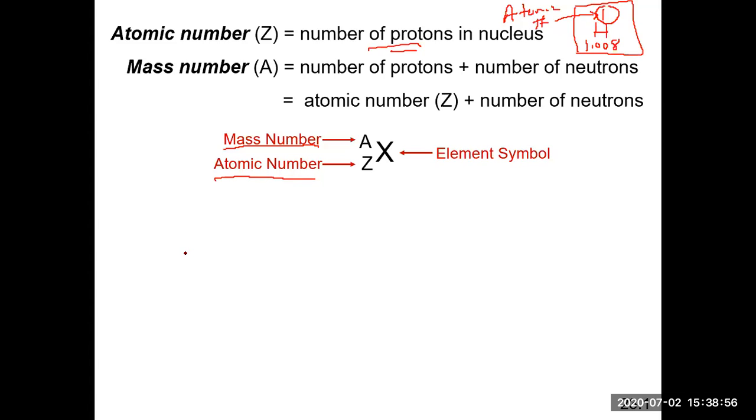Now, the mass number is the number of protons and the number of neutrons that you have in an atom. And if you look on the periodic table and this number that's on the bottom, that is not the mass number. Yes, I'm just going to do that move to illustrate that point. That is not the mass number. That is the atomic mass, which a lot of times people get confused because it is very similar sometimes to the mass number.